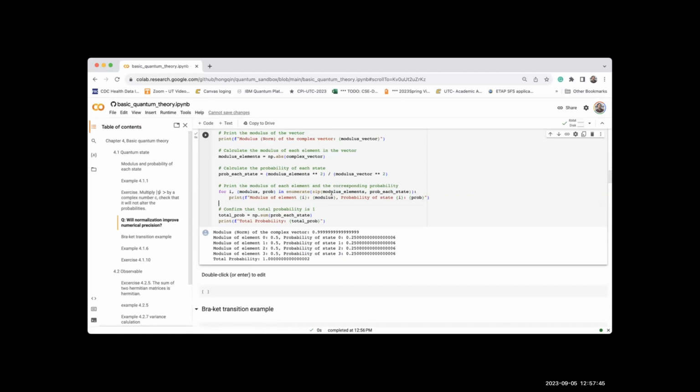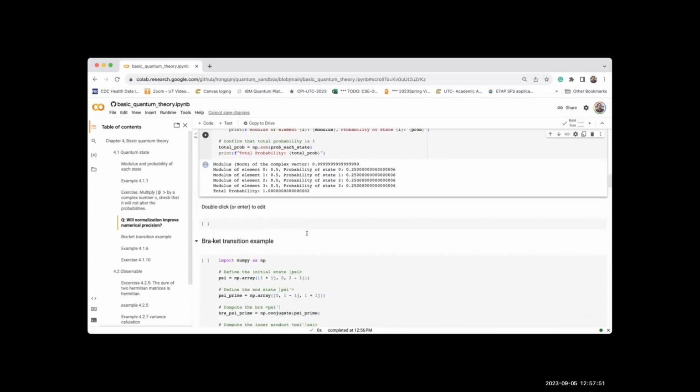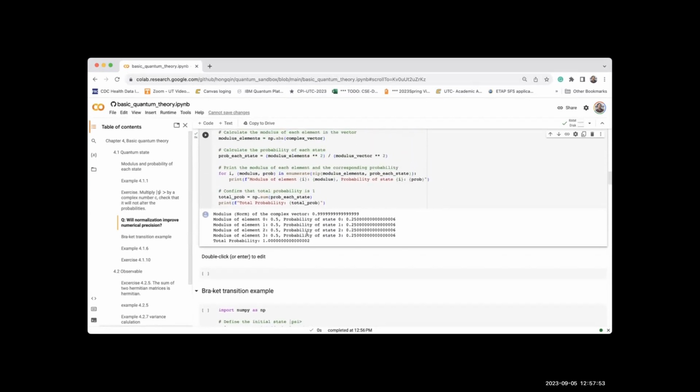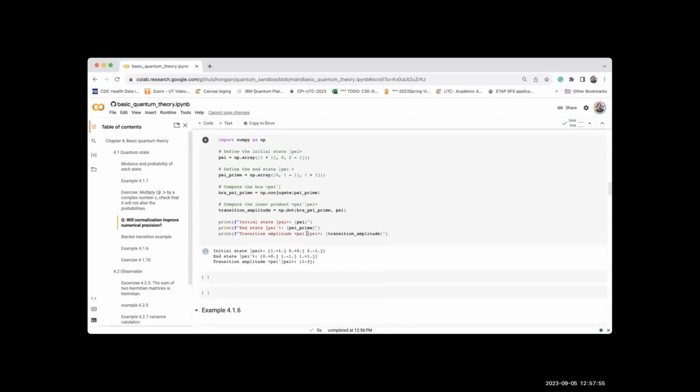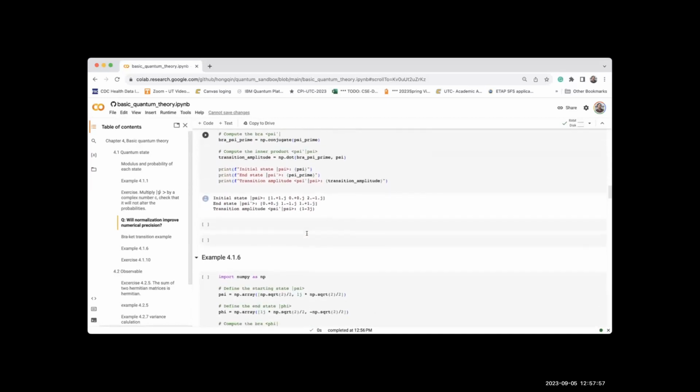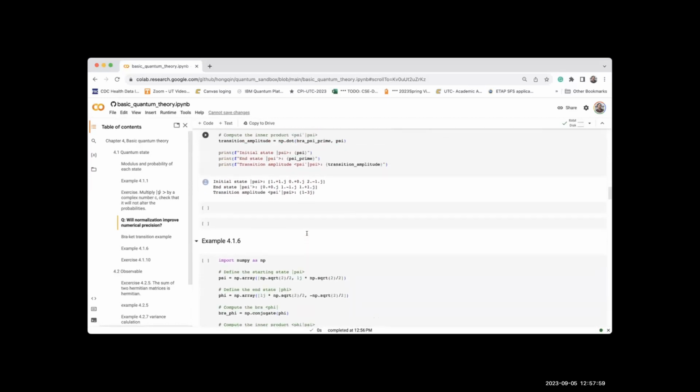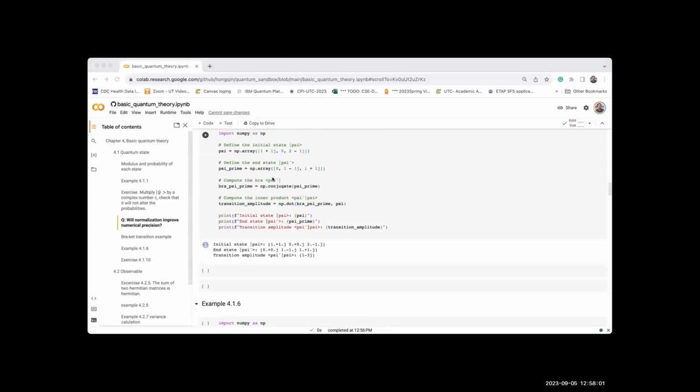So okay, let me see. Now it goes to the next part. Hold on, I'm jumping ahead. So I covered the normalization.